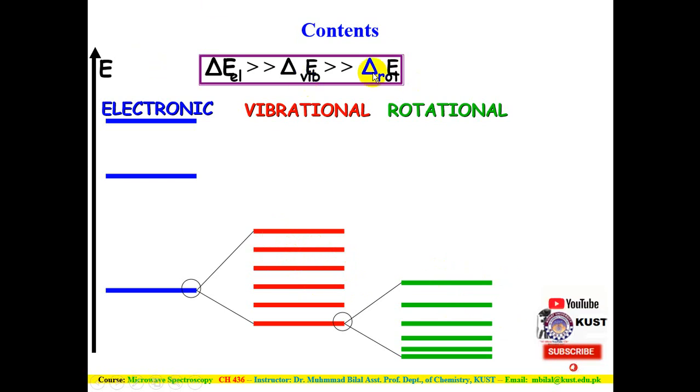If you compare the energy, the electronic transition energy change is highest, then the vibration, and the lowest is the rotation energy level. The vibration energy levels are present in the ground state of the electronic transition, and the different rotation energy levels are present within the lowest vibration energy level.